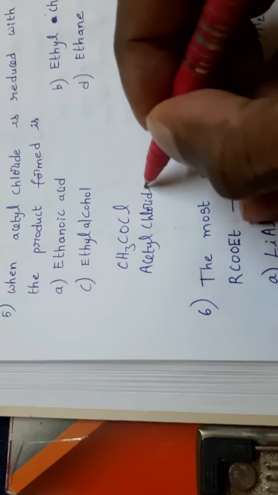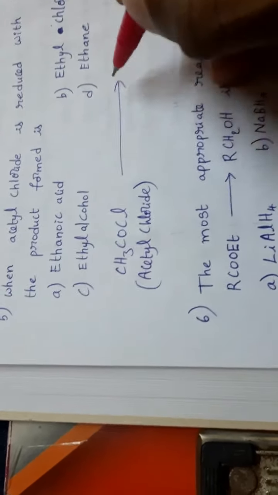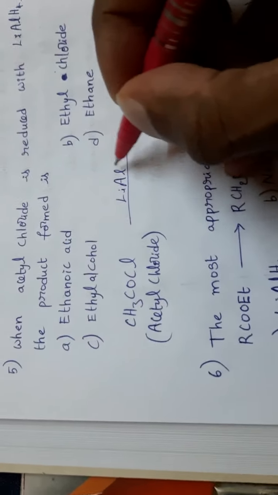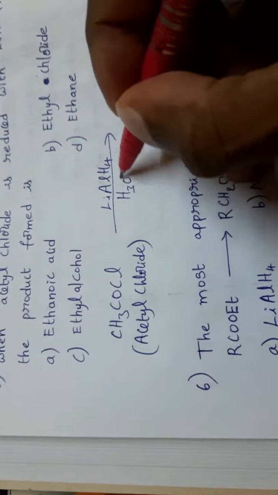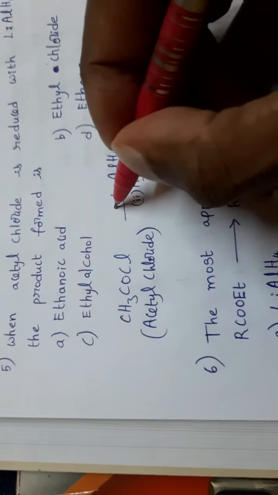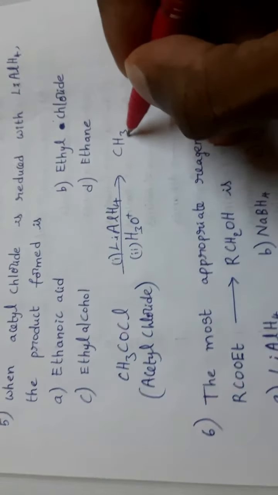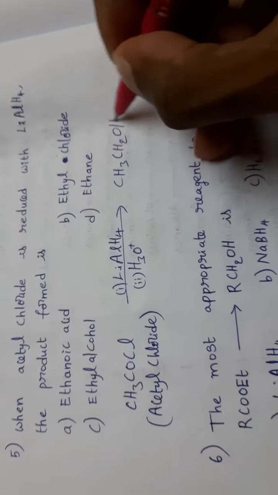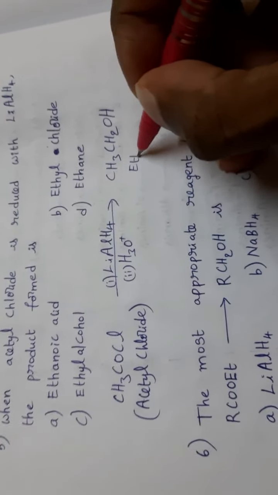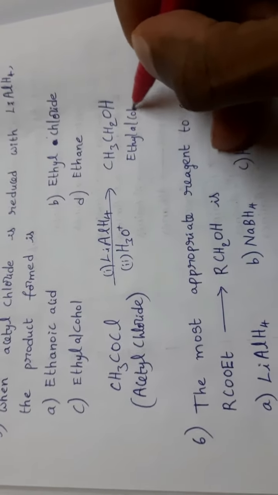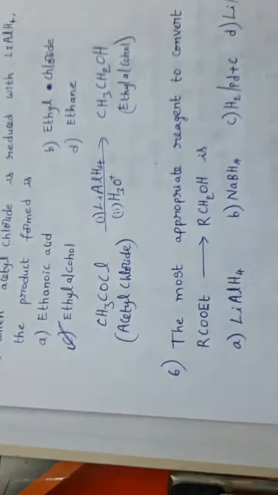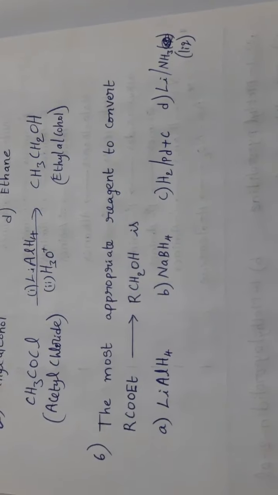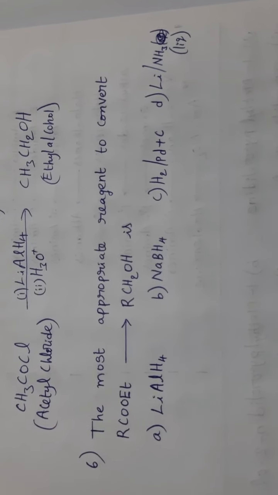When this acetyl chloride is treated with LiAlH4 followed by acidic hydrolysis, then we can get primary alcohol CH3CH2OH. So its name is ethyl alcohol. Then what is the suitable option? Option C.